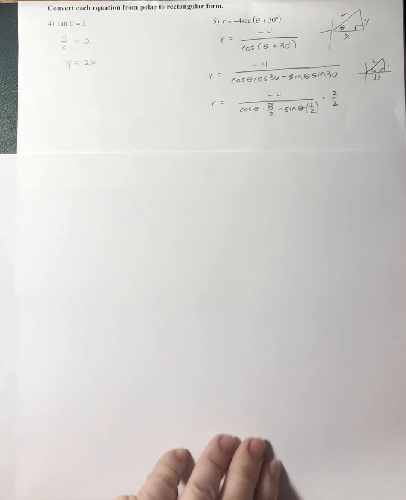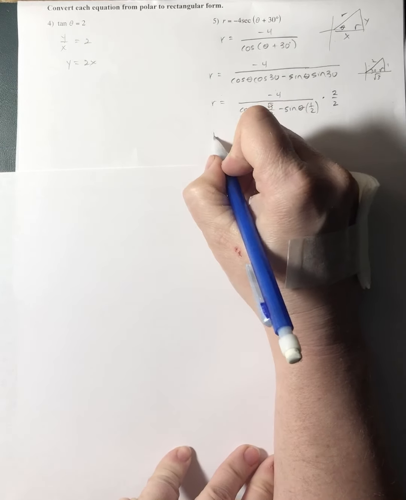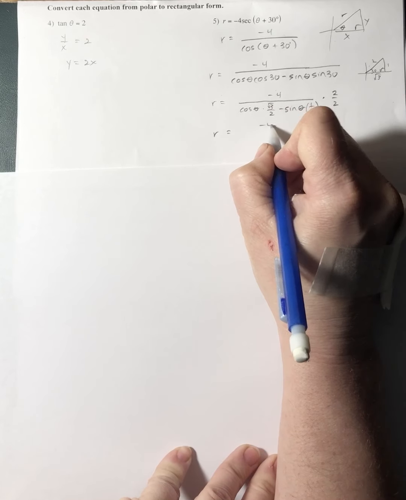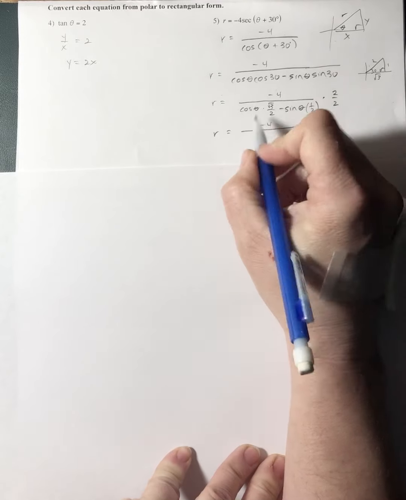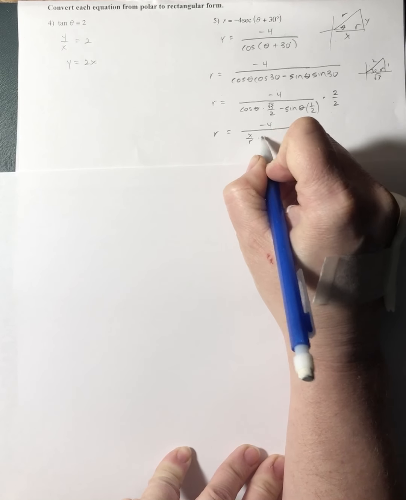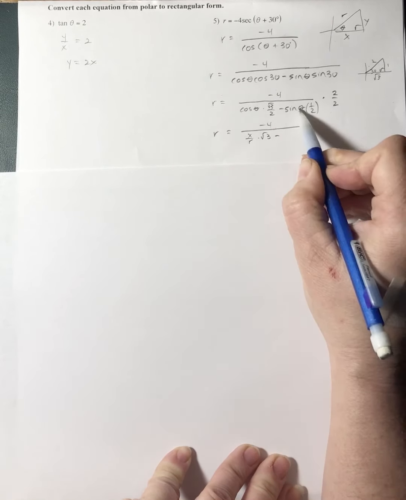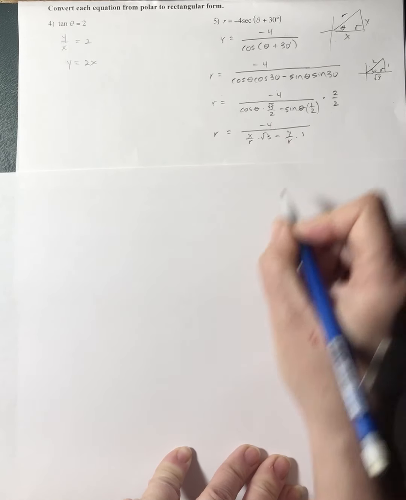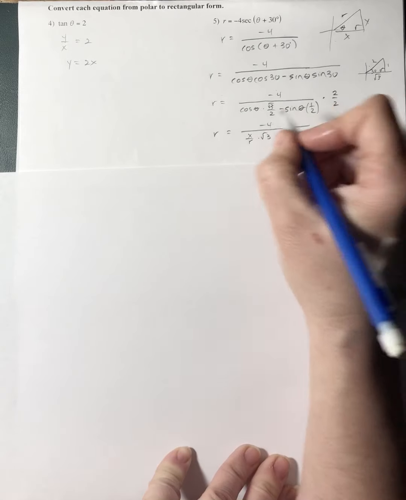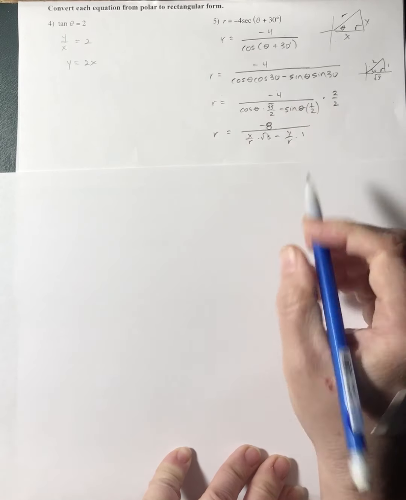And then cosine is equal to x over r. Sine is equal to y over r. And actually I forgot to multiply the top by 2. There we go.